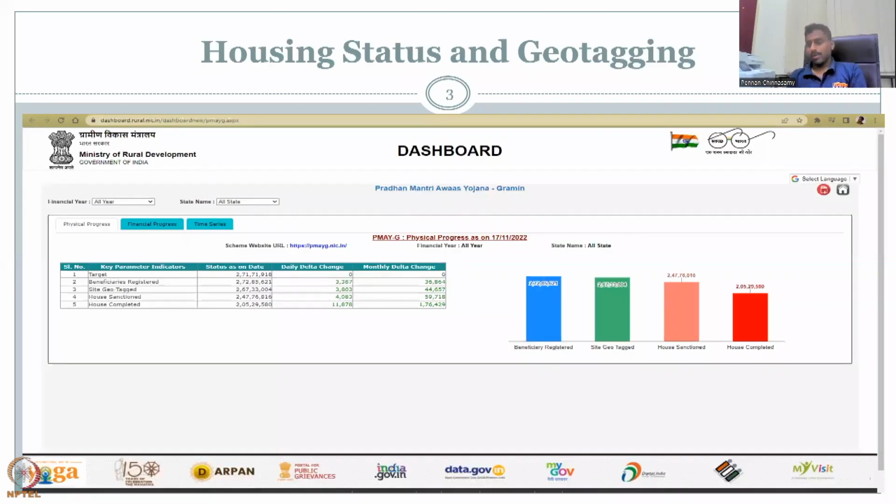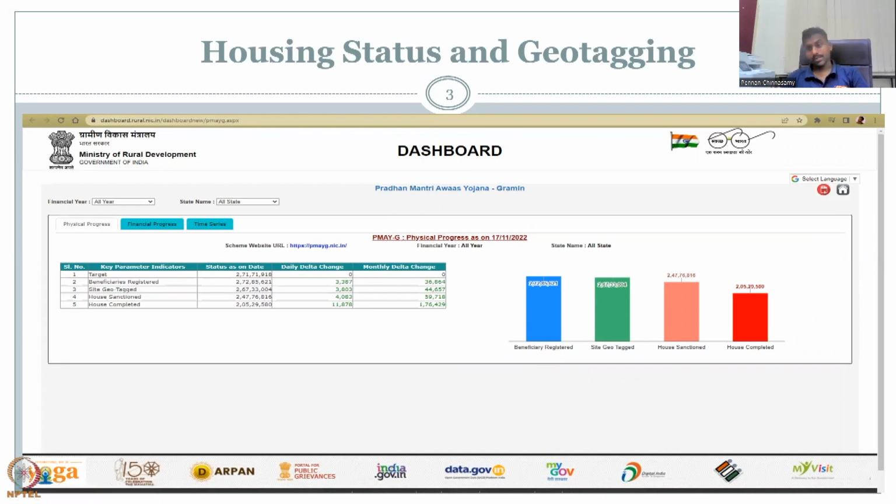Let's see how the government has been using GIS and remote sensing for the specific purpose of housing status and geotagging. So there is this website dashboard. If you go on to the Ministry of Rural Development, you can look at how many houses, through the government scheme, people have been registered, how many of them have been built and geotagged.